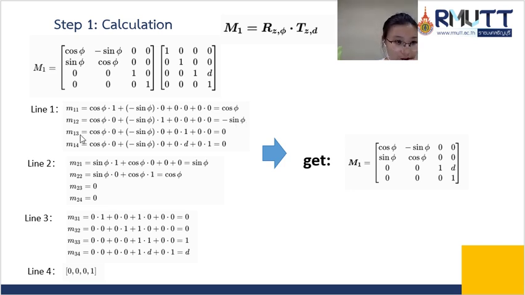The M13 equals cosine phi times 0 plus negative sine phi times 0 plus 0 times 1 plus 0 times 0 equals 0.